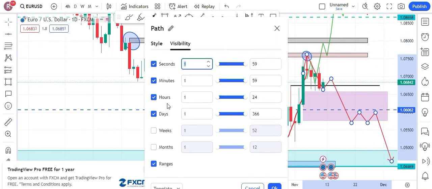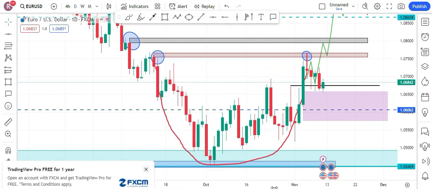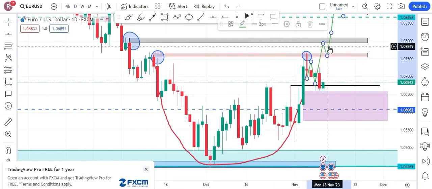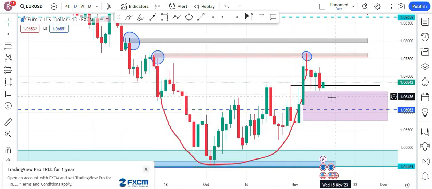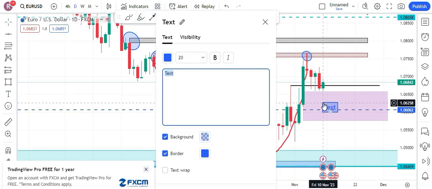Let me remove this right now so you guys can visualize very easily, which is very important to understand the whole thing. So this is a big fair value gap already left here.